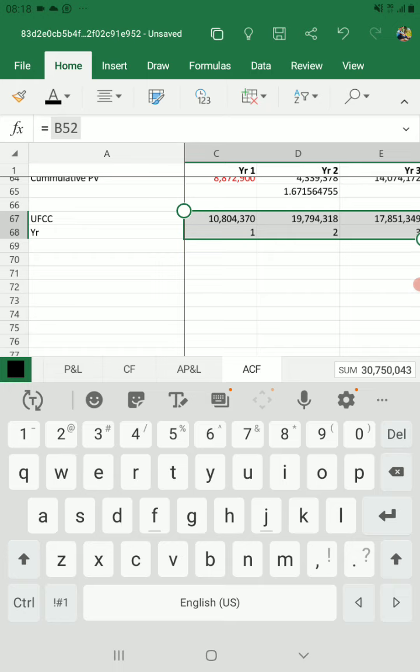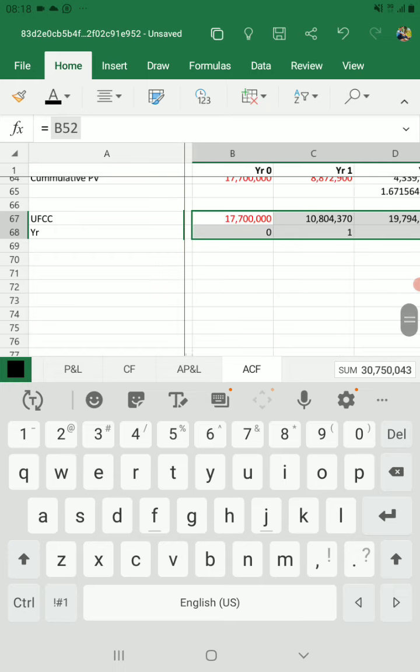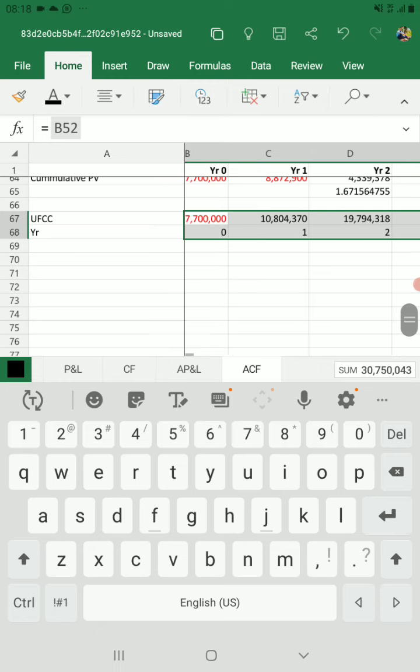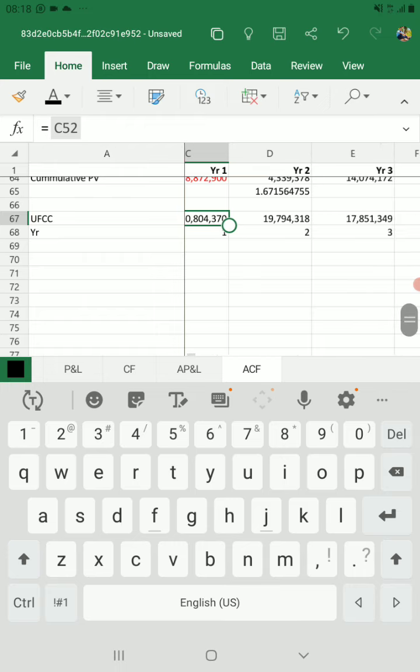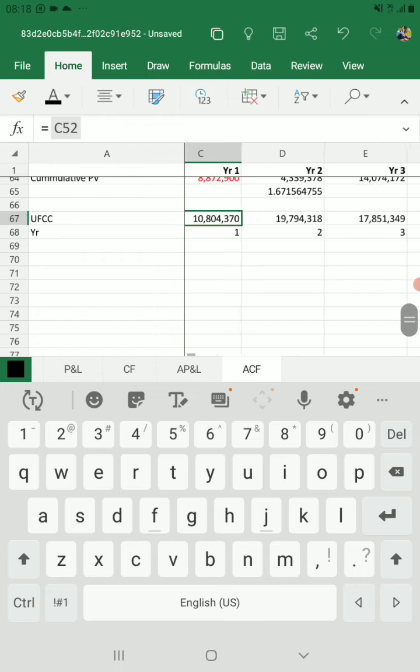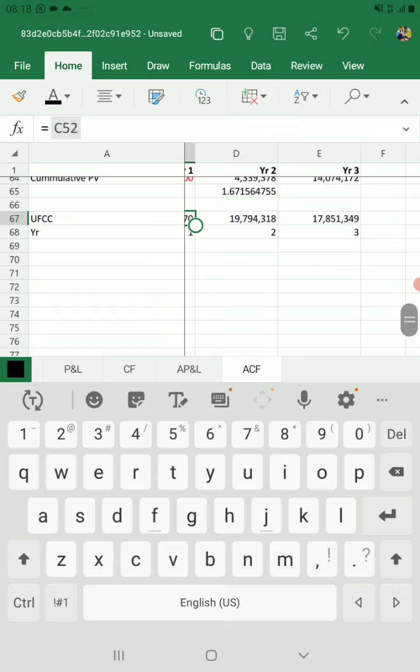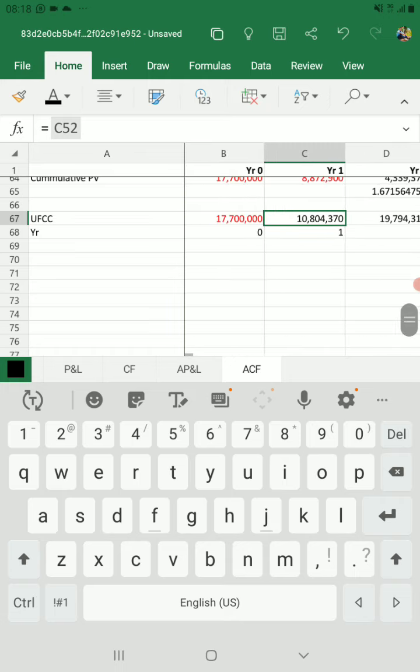So there are two components there. For the first component, discounting the negative numbers, we don't have negative future cash flows in our case here. You can see from year 1 to year 3 are positive. So we don't have a negative future cash flow to discount to the present value.